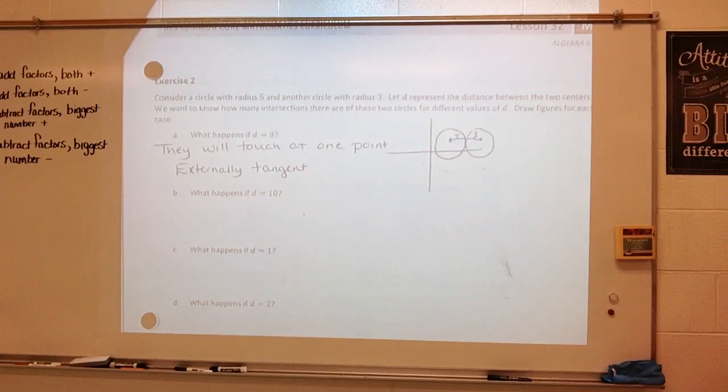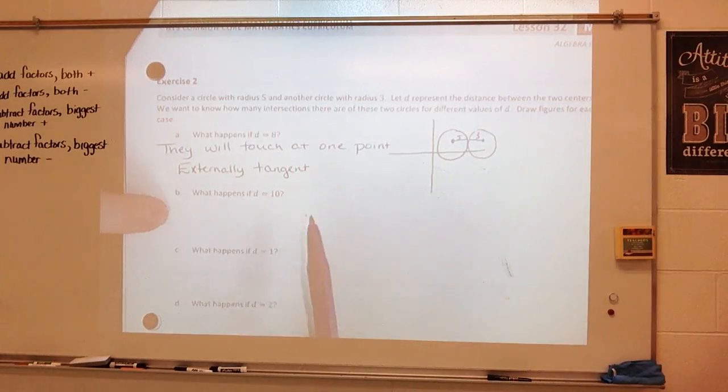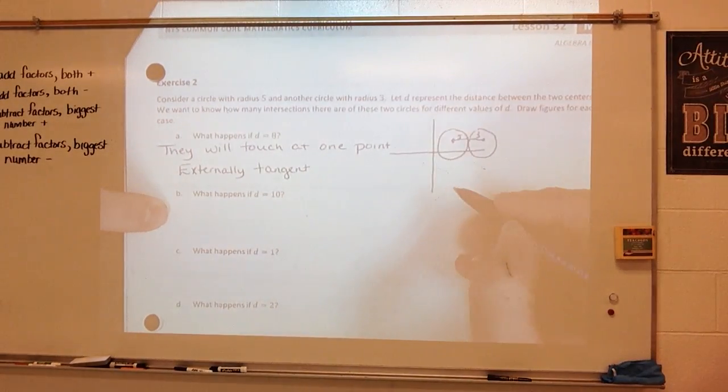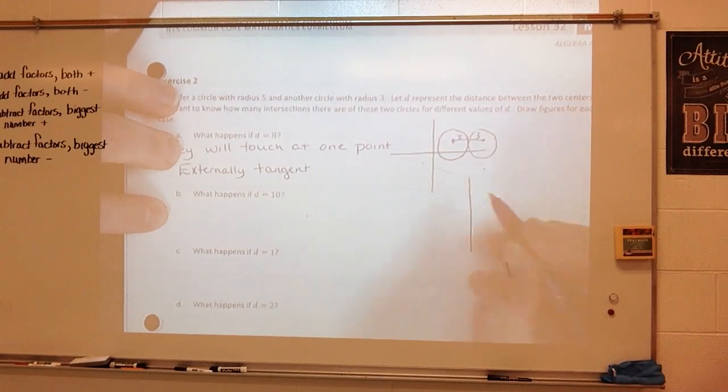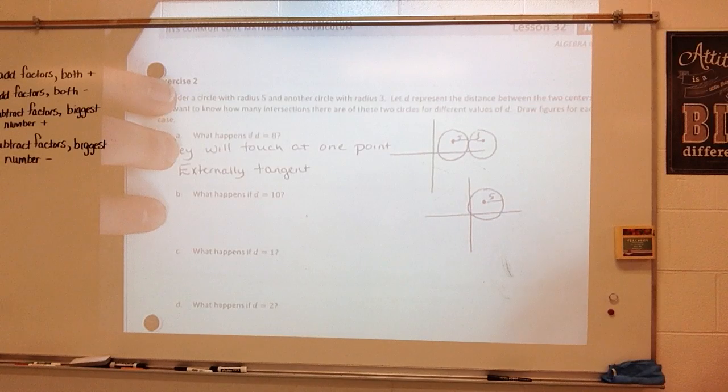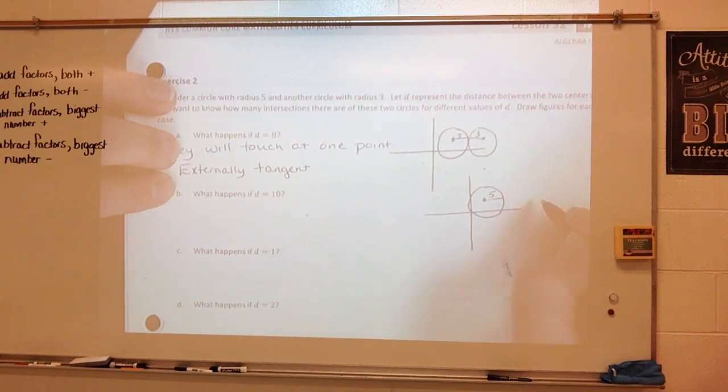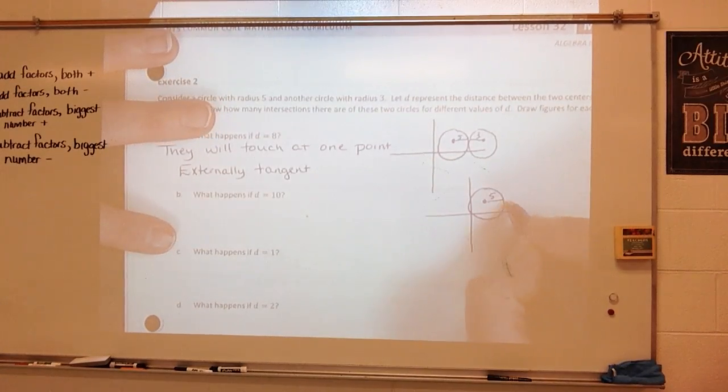Alright? What happens if the distance is 10? Well, once again, let's look at those two circles. If I have a distance of 5, and one has a radius of 3, is there any way for me to have a distance of 10 between those circles? Well, here, this would have to be 2.